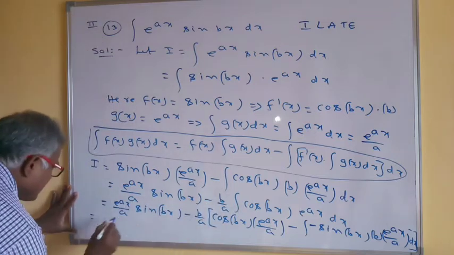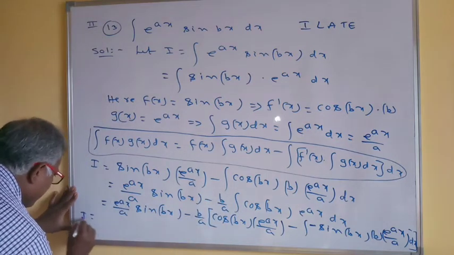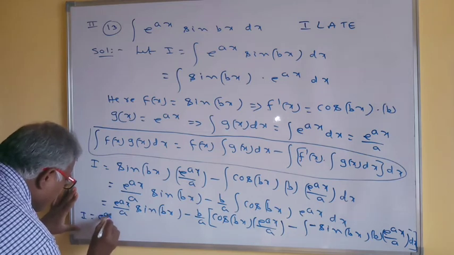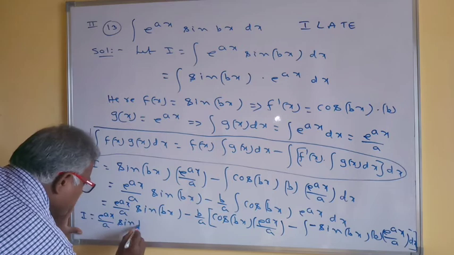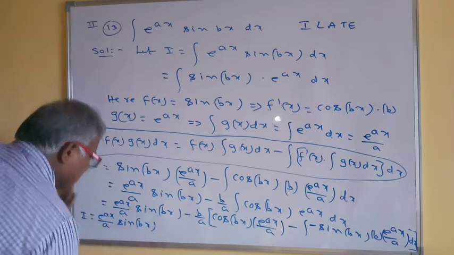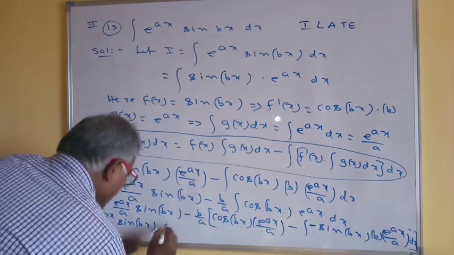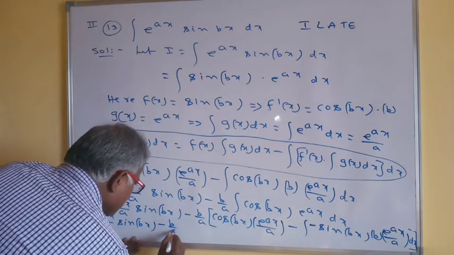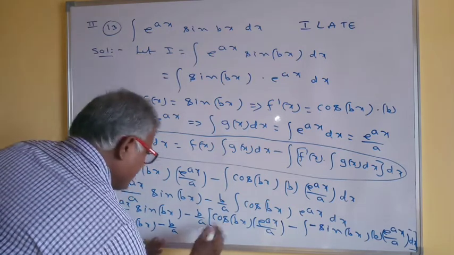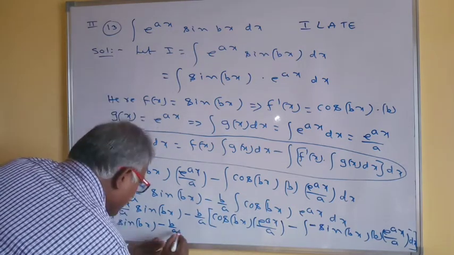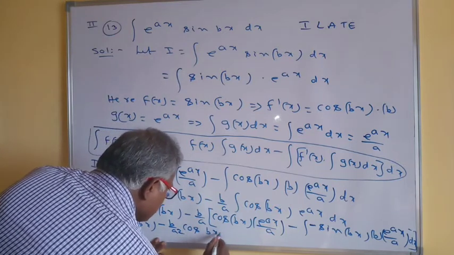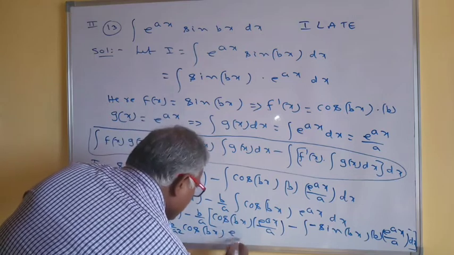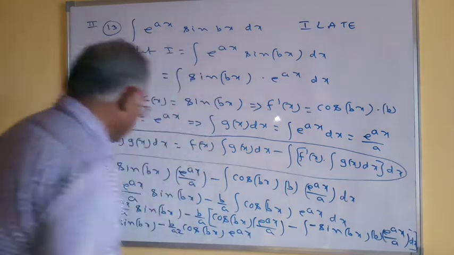Now finally, what is the result? I is equal to e power ax by a into sin bx, minus b by a into b by a square, cos bx into e power ax.